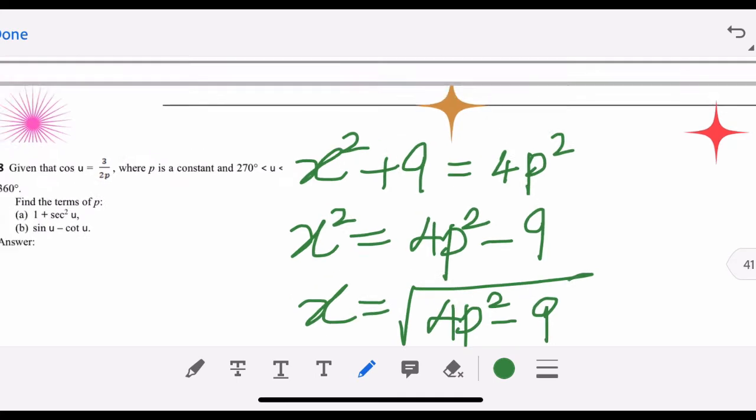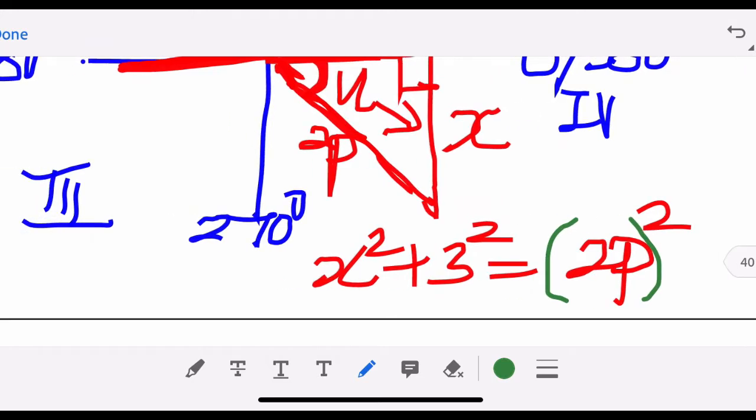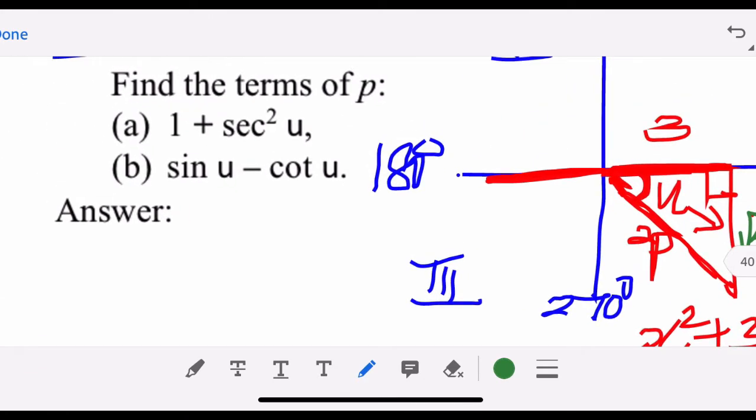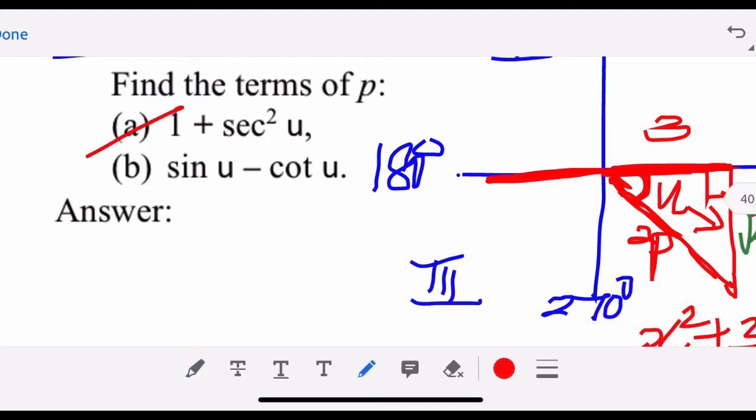After we settle the sides, we label first. So this is 4p squared minus 9. Okay, all the sides are settled already, so we can answer the question. For part A, we have 1 plus secant squared u.